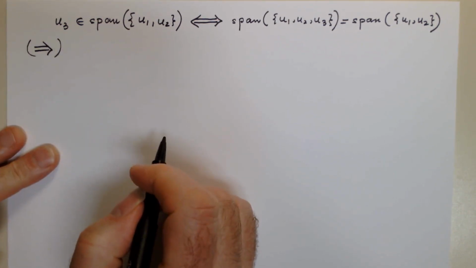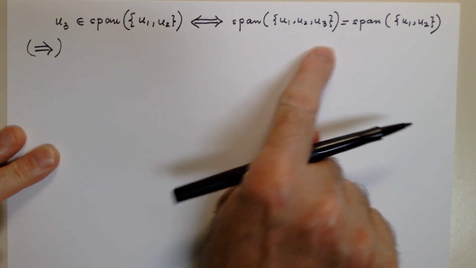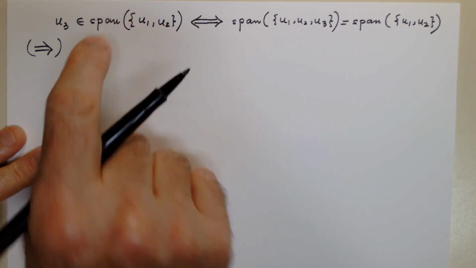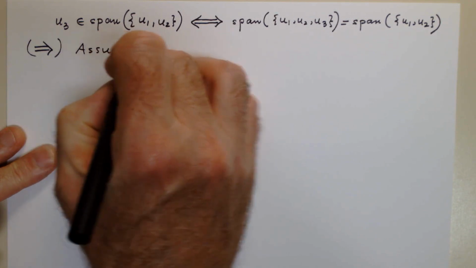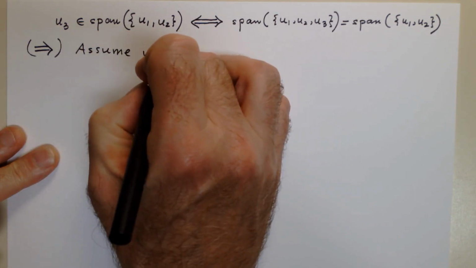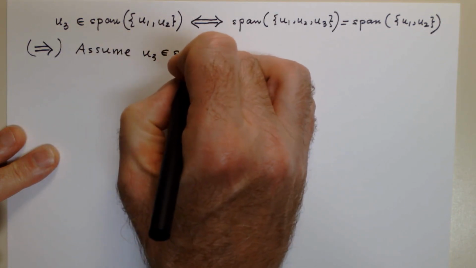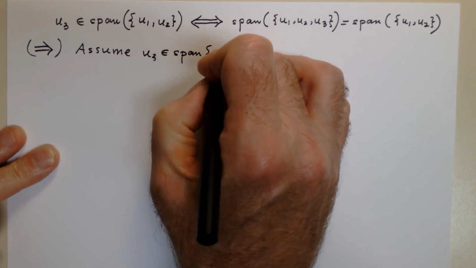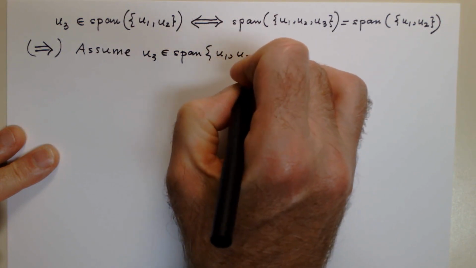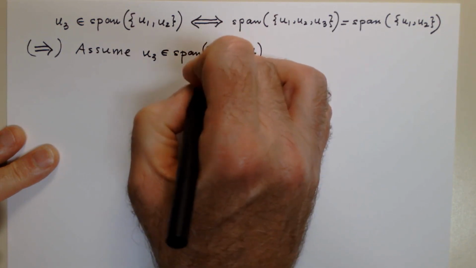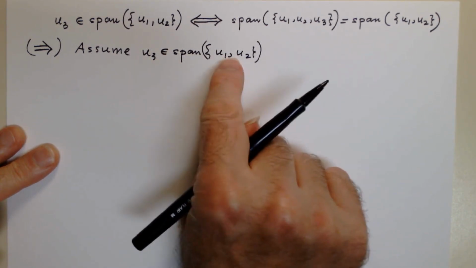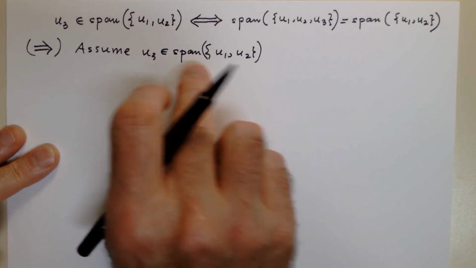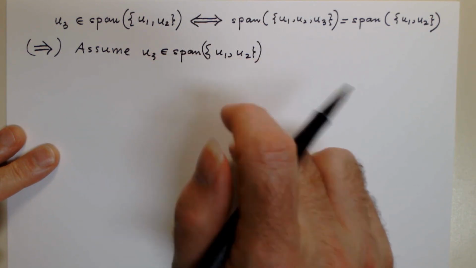I'll just symbolize it by that. We're going to prove that if this is true, then this is true. So we're going to assume that u3 is an element of the span of u1 and u2. And right away, let's make sure we understand what that means. To say that u3 is in the span of u1 and u2 means that it's a linear combination of these two.